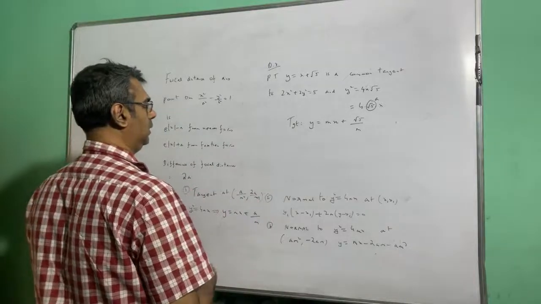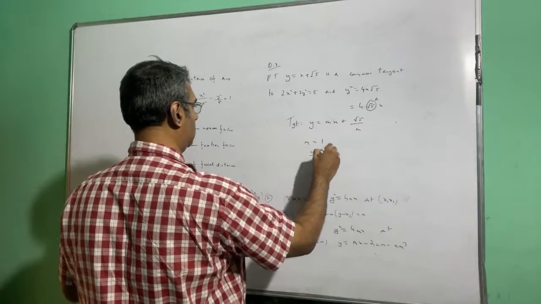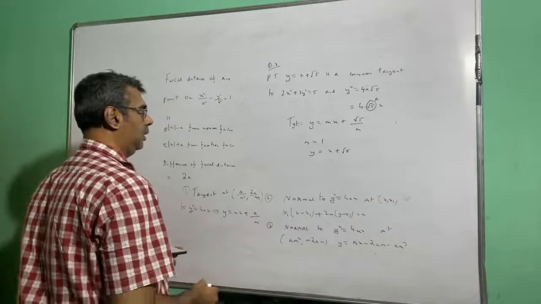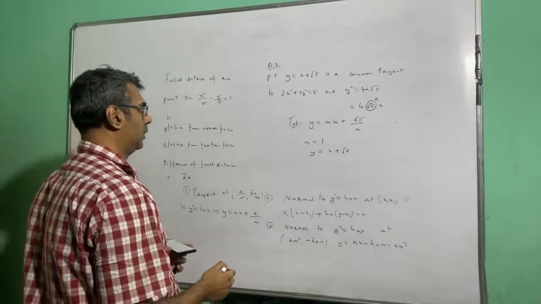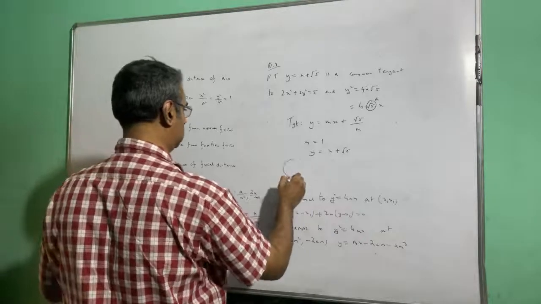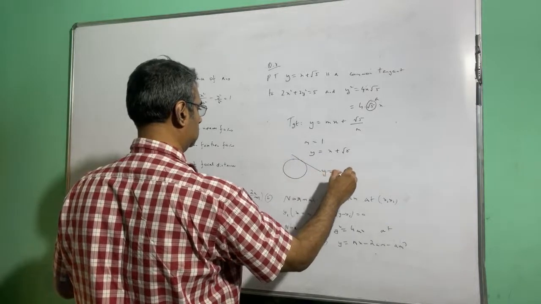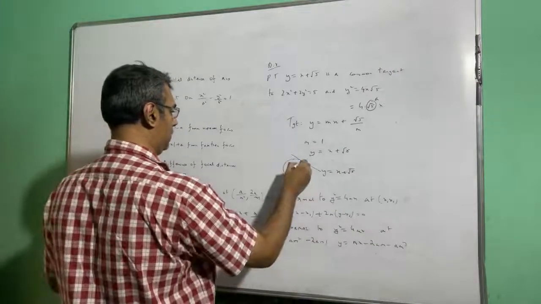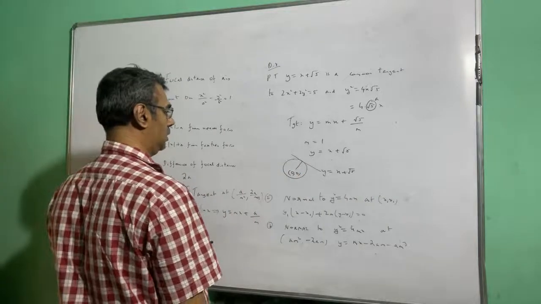Now, if you put m equal to 1, then you will get y equal to x plus root 5. So y equal to x plus root 5 is a tangent. 0, 0 is the center.